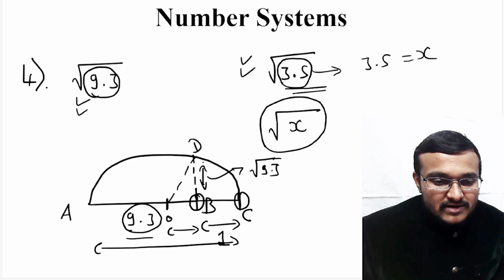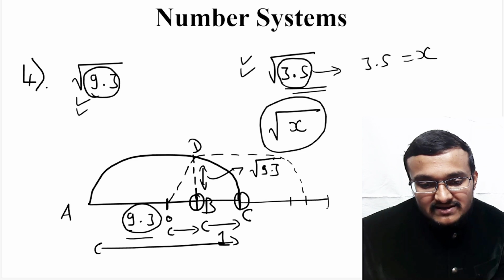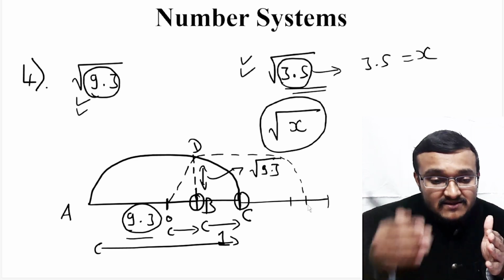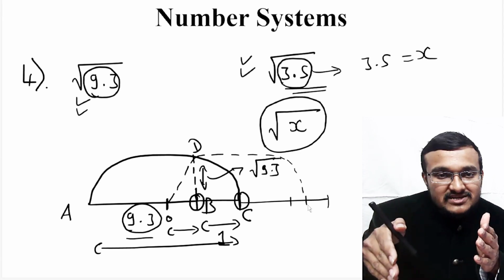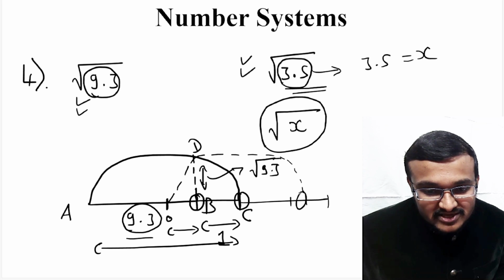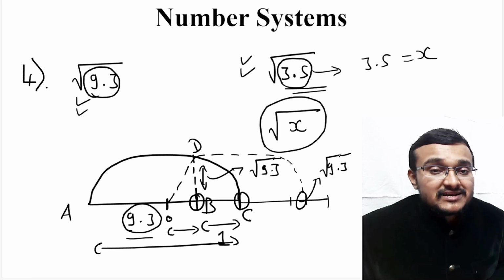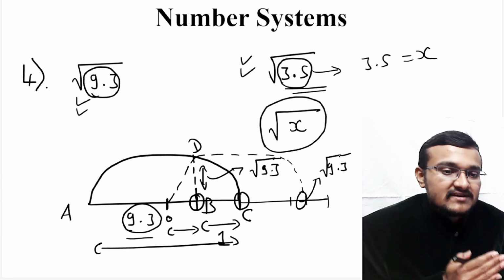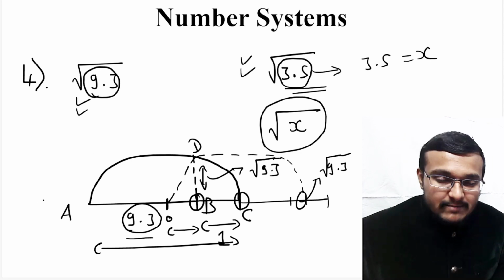Then you can draw a circle with BD acting as the radius, and locate where exactly on the number line this circle meets. Wherever the circle meets the number line, that position will be your root 9.3 value. I have explained this in detail in my previous video for root 3.5. You can refer to that, and it will be easy for you to locate root 9.3 on the number line.